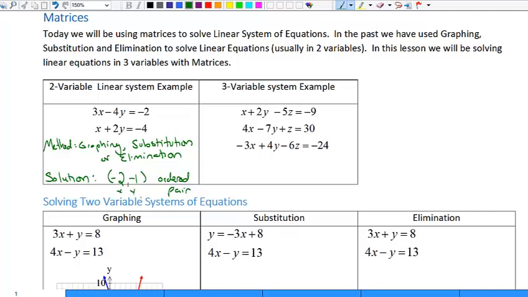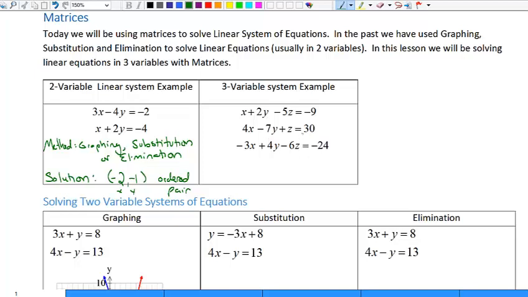Now, a three-variable system of equations, we have x plus 2y minus 5z equals negative 9, 4x minus 7y plus z equals 30, negative 3x plus 4y minus 6z equals negative 24. Notice we have three equations this time.